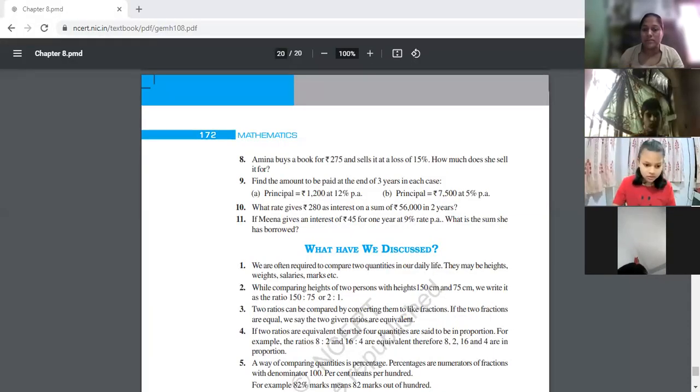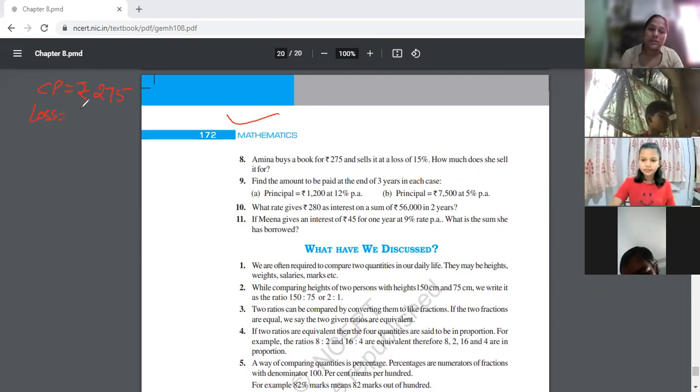Sorry beta, it is a network issue there. Now is it visible? What is the CP? 275 rupees. What is the loss? 15%.